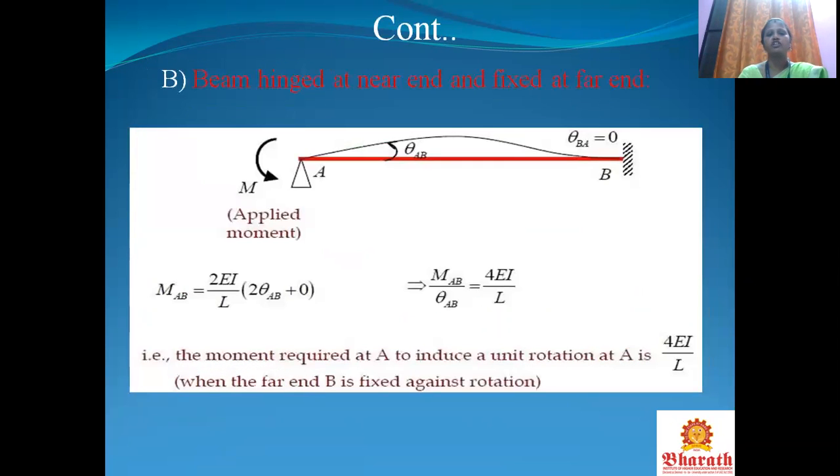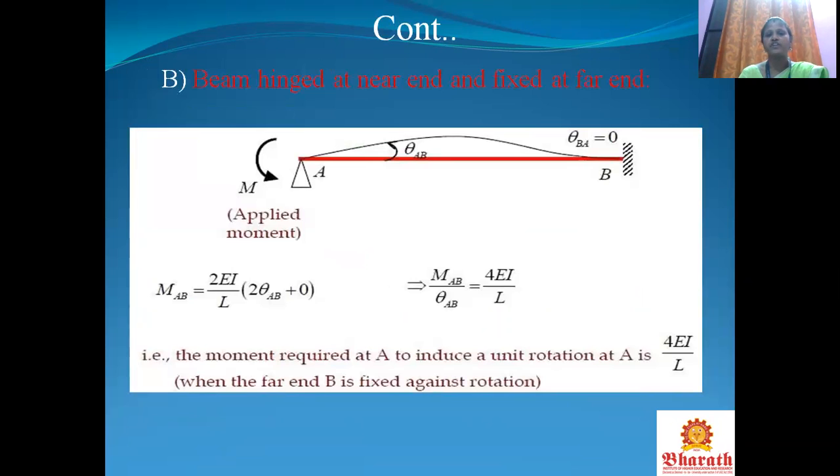Next, coming to the beam hinged at the near end and fixed at the far end. Look at the picture here. In this picture, A end is pinned, whereas the other side B is fixed.